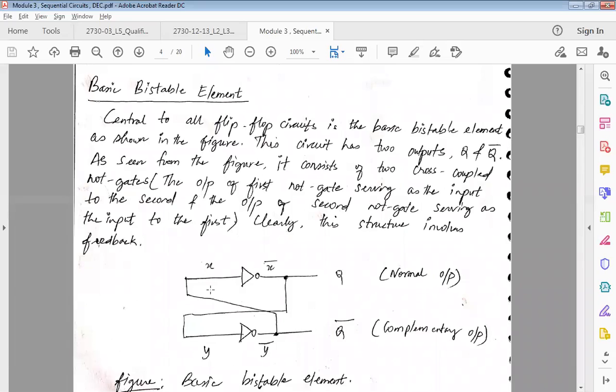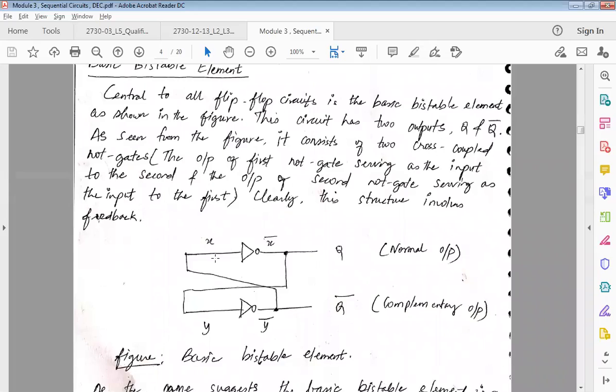If you see here, x is going to give x bar, and once I give this to my other inverter, that is going to be inverted and I'm going to get q bar. So q is my normal output, and q bar is my complemented output.